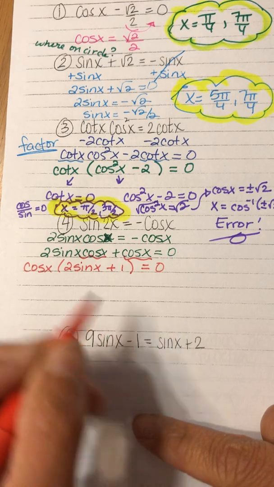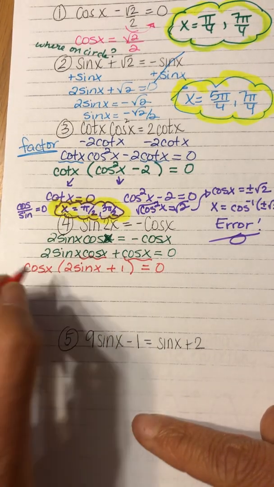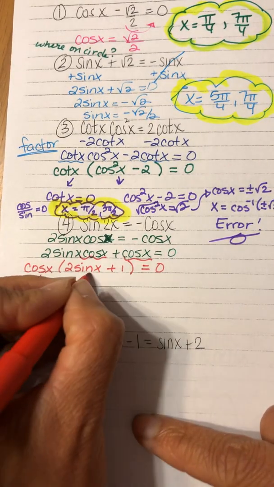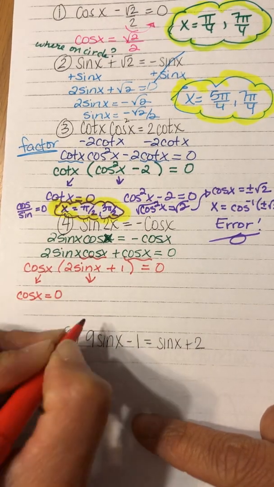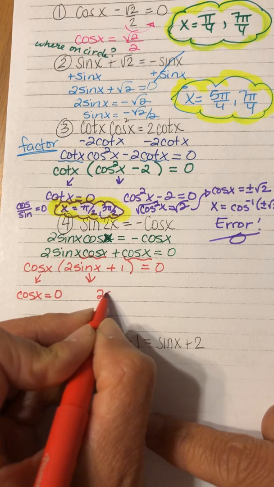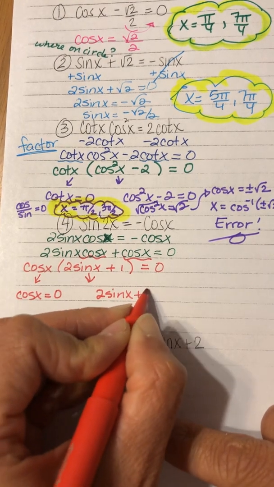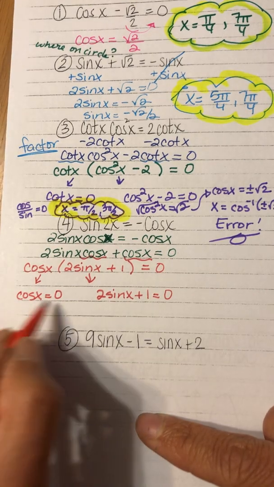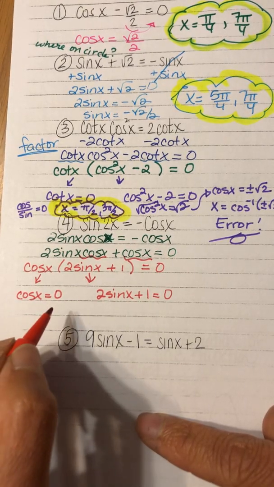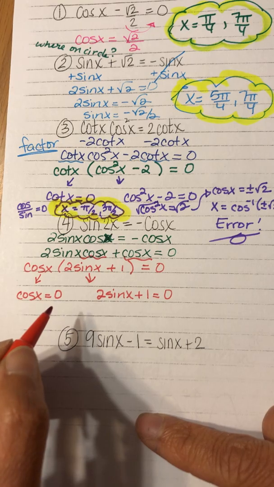And now I have two factors, so I could do what I did up above, set each of these factors equal to 0. So I will have cosine of x equals 0 and 2 sine x plus 1 equals 0. So for this one, where on the unit circle is the cosine 0? Well, cosine is 0 in 2 spots.